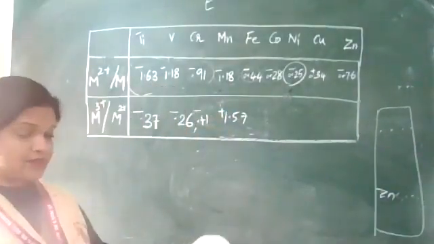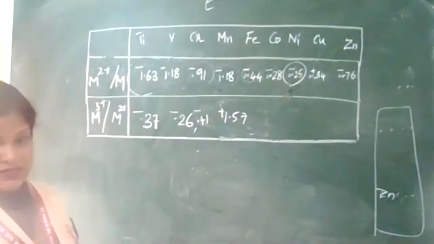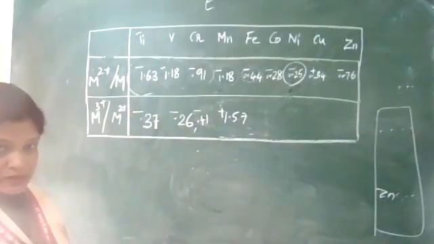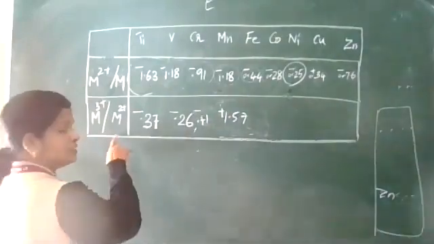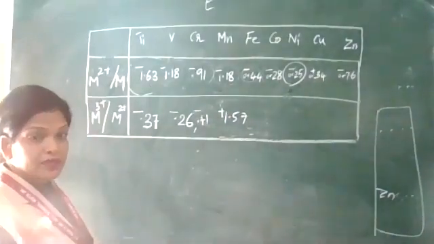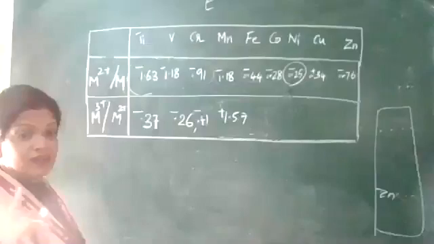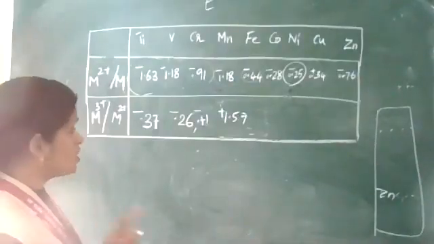Plus 1.57. Not easy, because already it is in the M2 plus state, which means it has d5 stability. You cannot remove one electron from there. That is not possible.